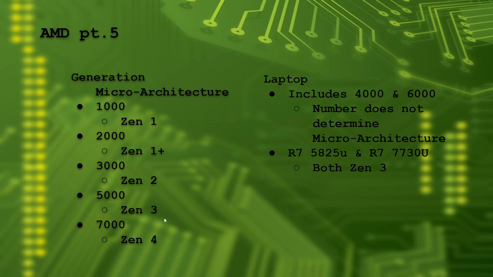I will say this, you may notice that the 4000 and the 6000 do not exist for desktops, only on laptops. And also, the generation number is basically meaningless on laptops. That's about it. I think AMD's laptop naming situation, which was changed during the making of this video, is stupid.